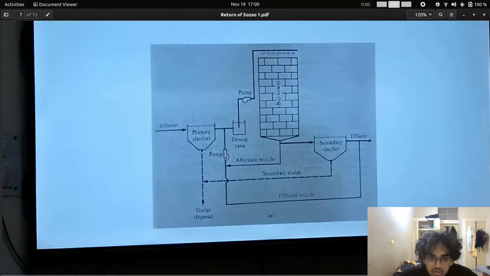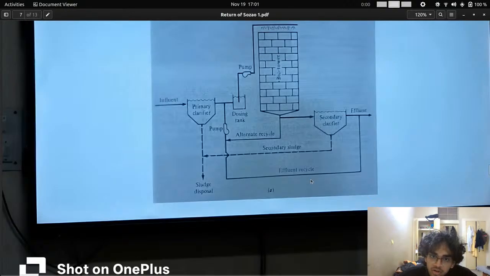Then it goes into the dosing tank, which I think dilutes it, and then it goes inside the pump. There's a tower, biotower with those kind of walls. It comes out. The water, the effluent, is recycled through the pump, and some of it is sent to the secondary clarifier, then secondary sludge, then effluent. And effluent is also recycled. So much recycling here.